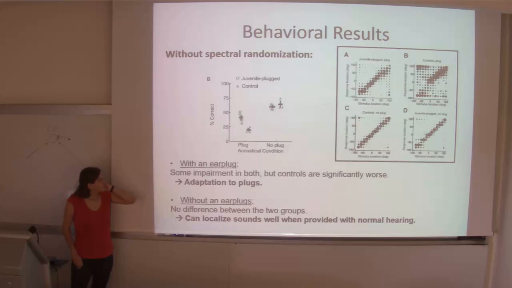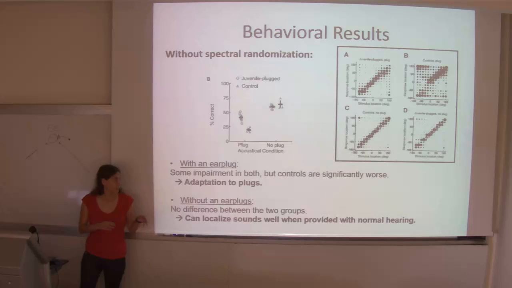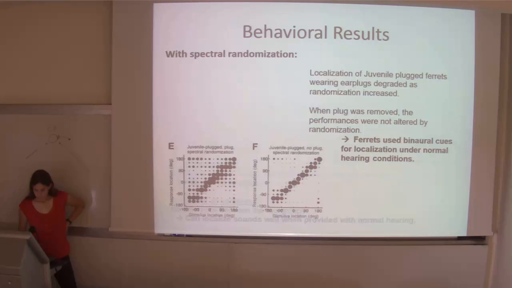The juvenile plugged ferrets, with the plugs, did quite well. They did a lot better, which means there was some kind of adaptation here. And without the plugs, they both did very well. There was no difference between them, which means that the ferrets can both adapt to the plug and adapt to the normal hearing situation and localize sound just fine in those conditions.